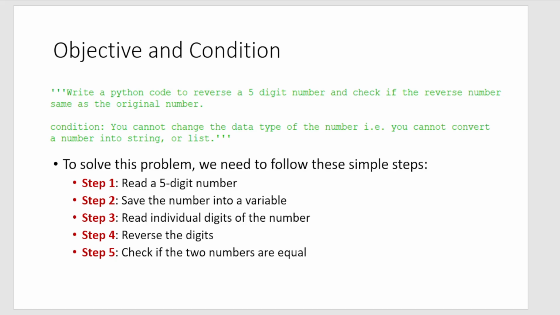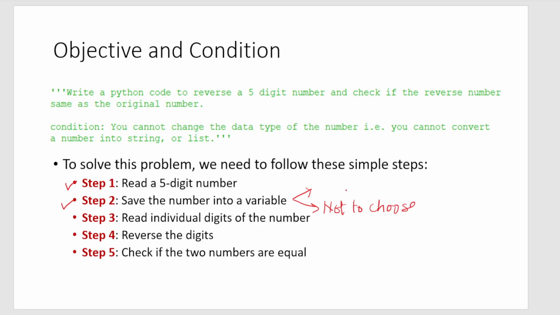Step number 1 says we read a 5-digit number. The second step: save the number into a variable. We will explain why we are doing this when we see the program. As of now, you have two options, either to choose this or not to choose this.